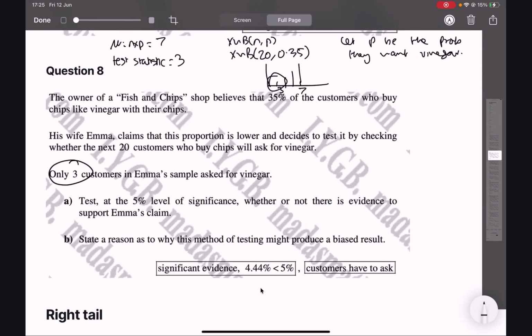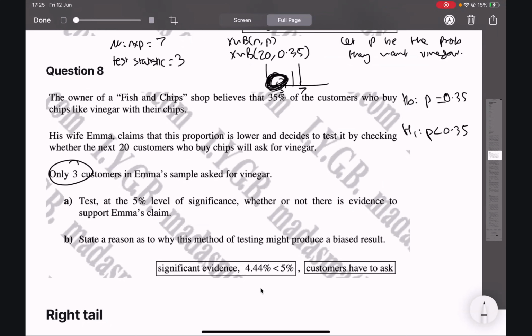Okay. So what's H0? P equals 0.35. And H1? P less than 0.35.